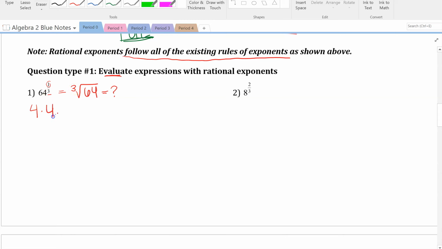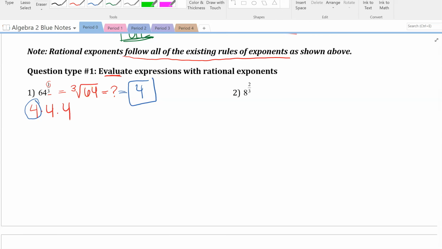And that number is 4, right? 4 times 4 times 4 is 64. And this wants to know what one of those 3 factors is, right? 64 to the power of 1/3 would be one of the 3 factors that multiply to 64. So this answer would just be 4. Or you can just think of that as the cube root of 64.